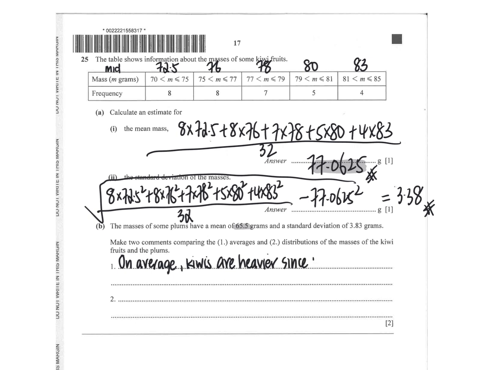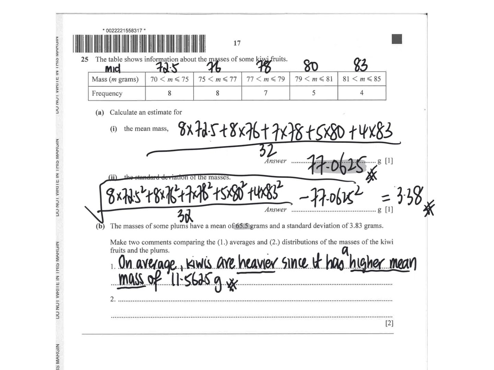Since it has a higher mean mass, you can use this one minus the 65.5 of 11.5625 grams. So tell me it's heavier, then tell me it's because it has a higher mean.